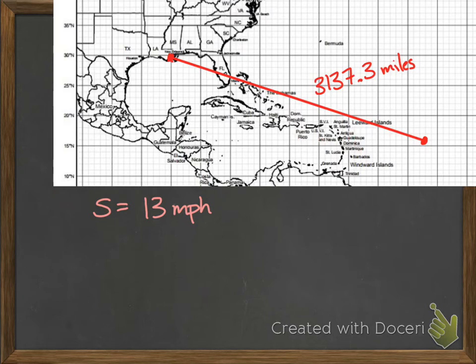So now we said a while ago on the other video, we had our little distance formula, distance equals speed times time. We solved it around and we said, okay, well, time is distance divided by speed. So we know how fast it's going. We know how far away it is so that we can figure out our time. So the estimated time that it's going to take, we're just going to take our distance, which is 3137.